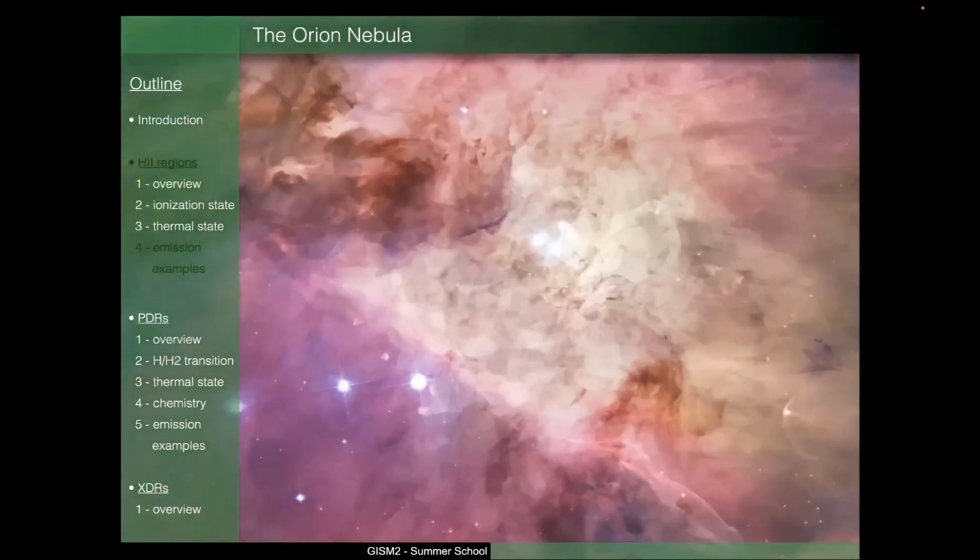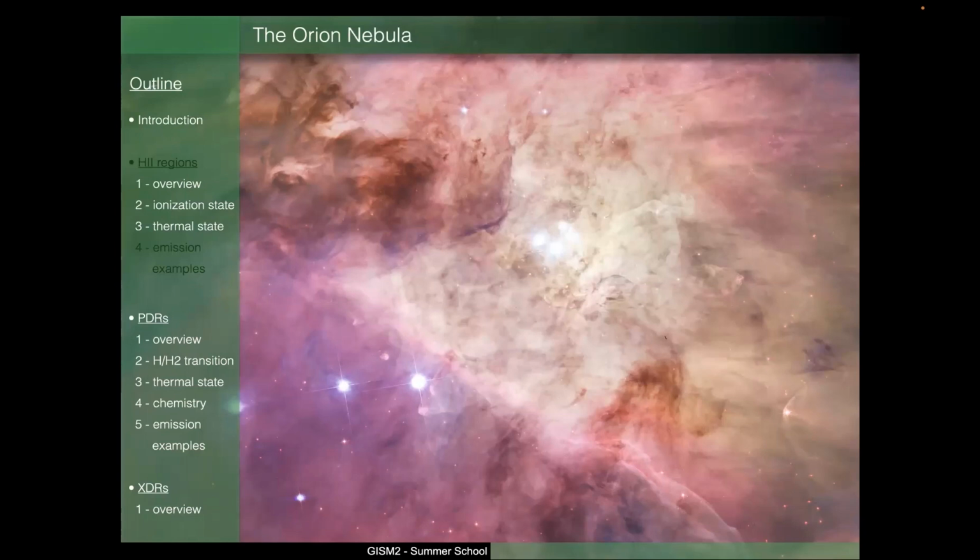And if we zoom at the center, we see what powers the nebula. In fact, this Orion Nebula is powered by a young cluster and most predominantly 4 stars, which are called the trapezium cluster and which are here. So these stars have created over the years a bubble of ionized gas.